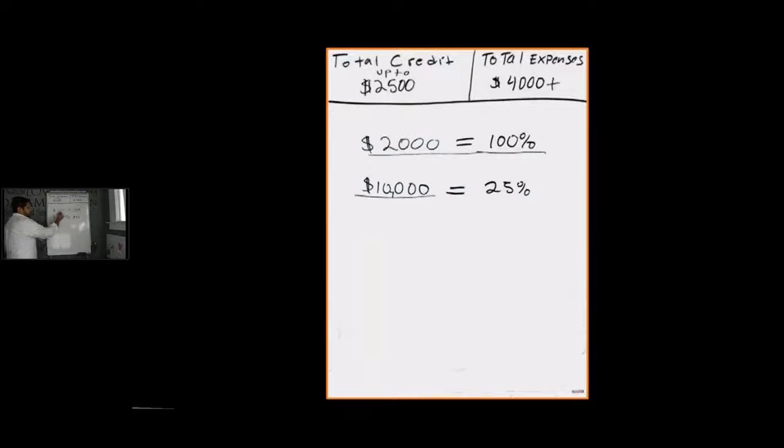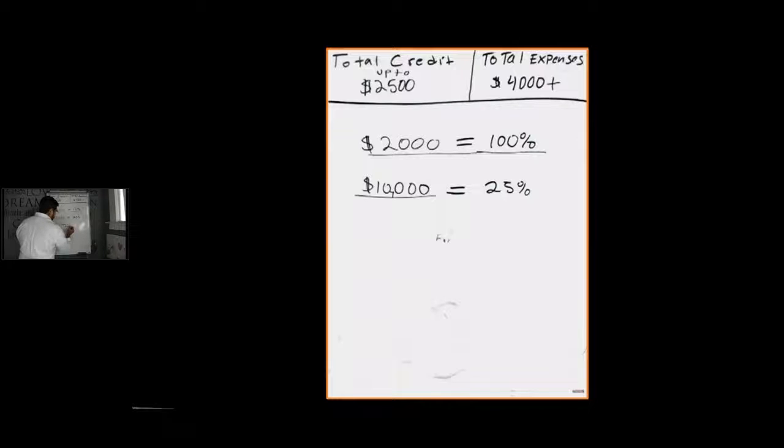So the IRS says, okay, the first 2,000, I'm going to see at 100%. So here's the first part of my qualified expenses. Part number one is $2,000.